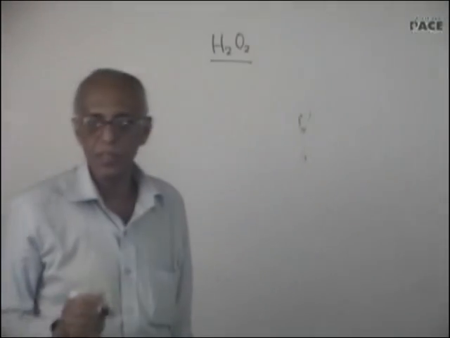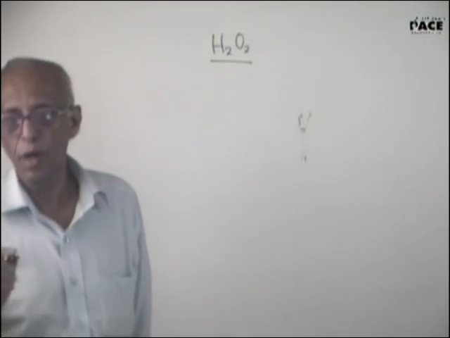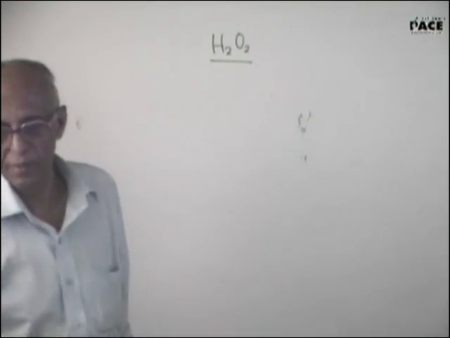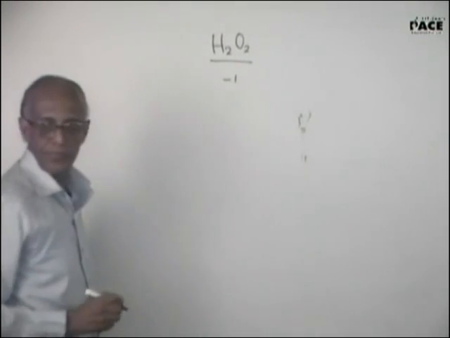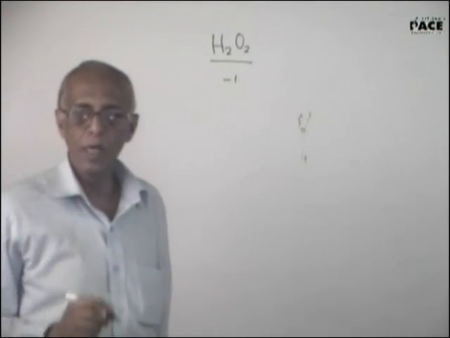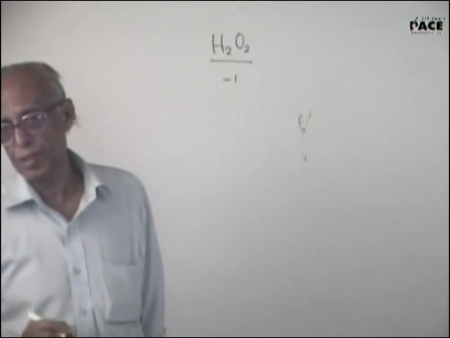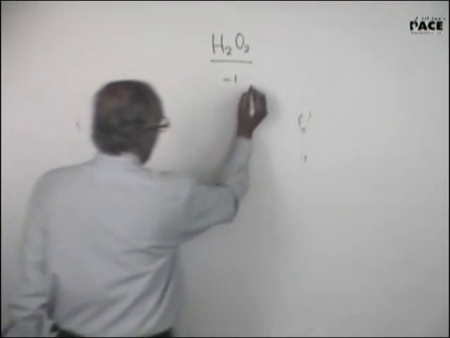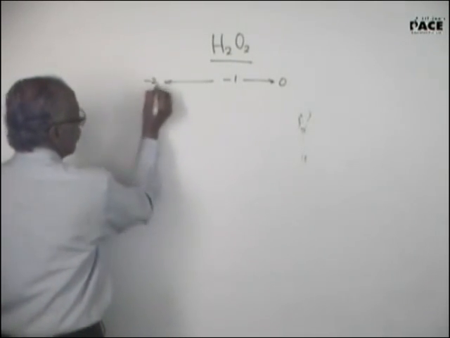In hydrogen peroxide, the oxidation state of oxygen is -1. Since the oxygen shows an intermediate oxidation state, it can go up to 0 or it can go to -2.